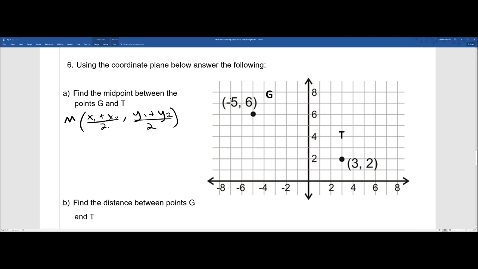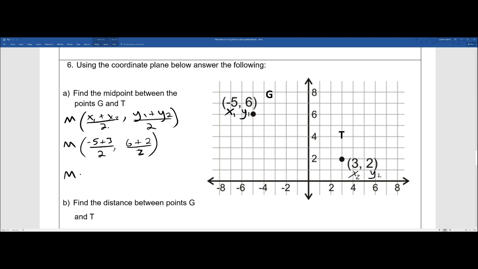So let's see, our first point, point 1 is technically G, so x sub 1 is -5, y sub 1 is 6, x sub 2 is 3, and y sub 2 is 2. So we take our x's, -5 plus 3, divide by 2. Take our y's, 6 plus 2, all over 2.